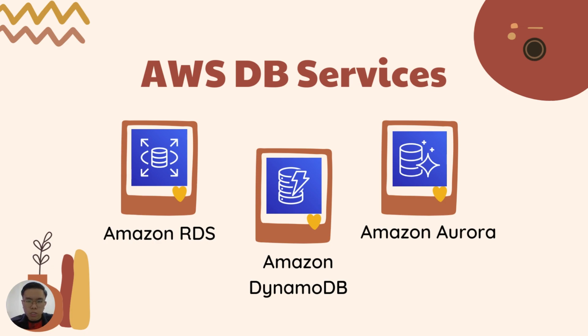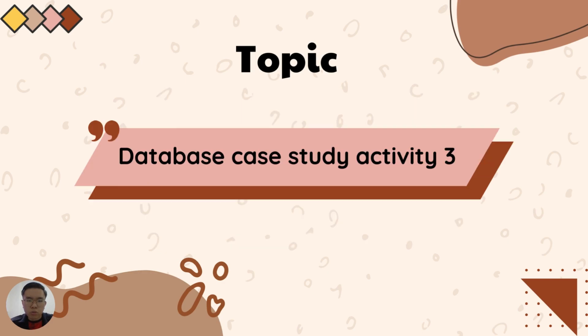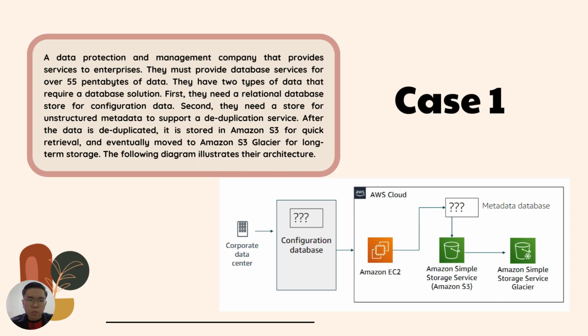So let us quickly move into our topic today. We have three case study activities with three real-life scenarios. For case one, we can see the question about a data protection and management company that provides a service to enterprises.